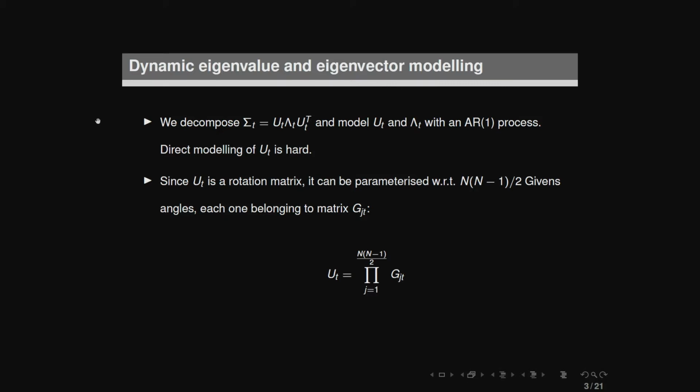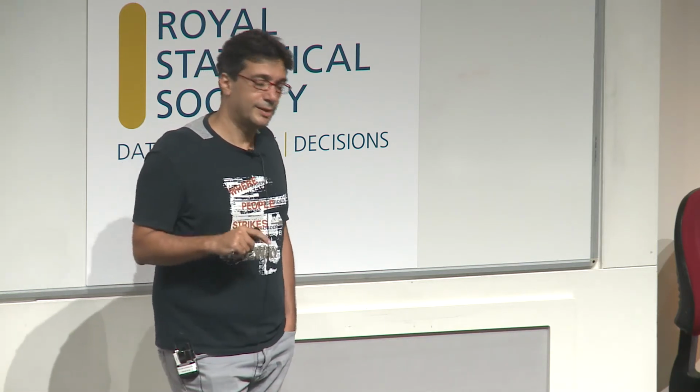Now let me tell you what Givens rotations are. So I write every eigenvector matrix U_t as a product of n times n minus 1 over 2 rotation matrices, capital G. Right? Now, the eigenvector matrix has n times n minus 1 over 2 parameters. And there are also extra n parameters in the n eigenvalues.